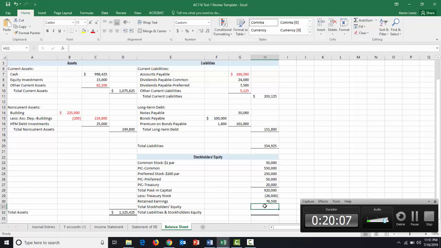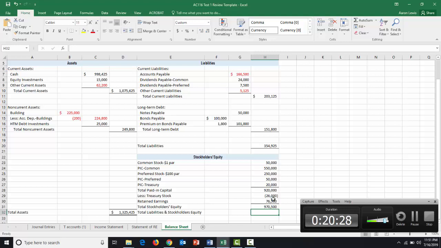To figure that out, we hit equals, and we add together the sum of our total paid in capital plus the subtraction for treasury stock plus our retained earnings. Close the parenthesis, hit enter, and we come up with total stockholders' equity of $970,500.